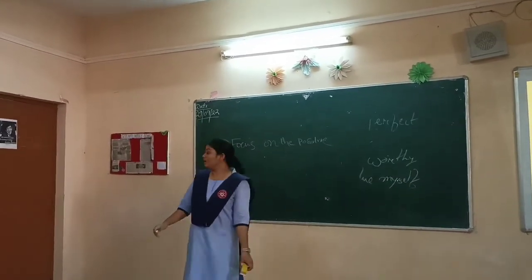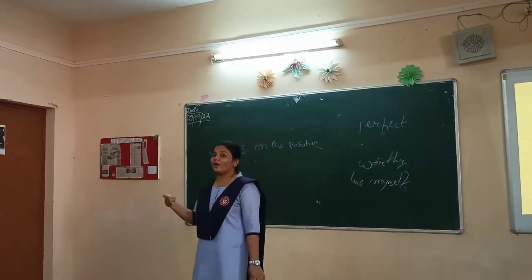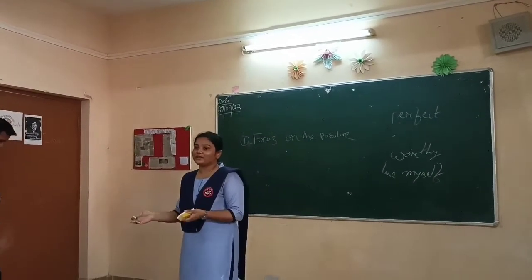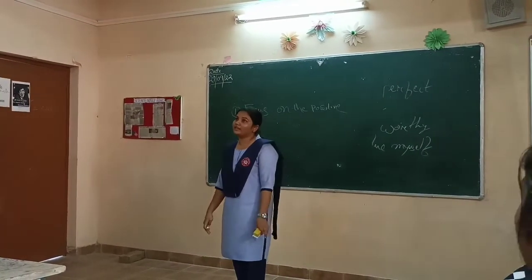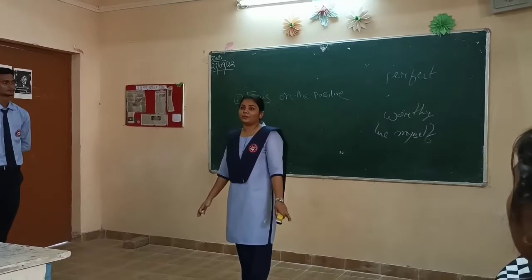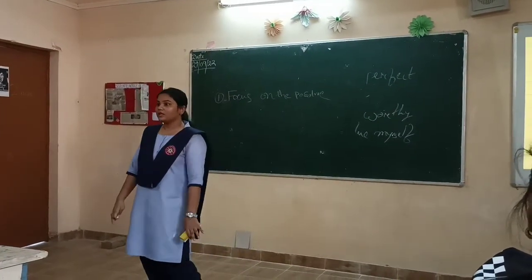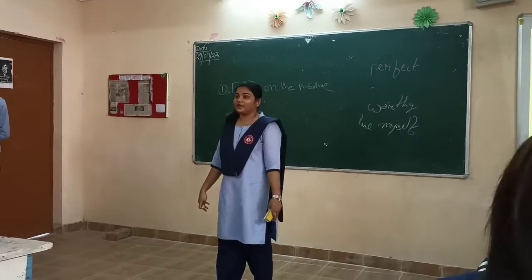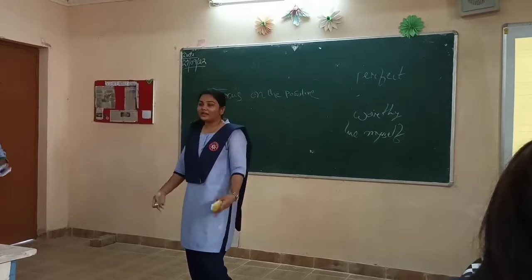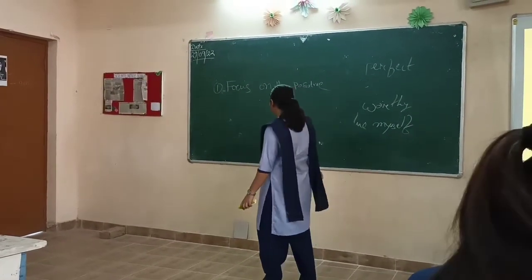Focus on the positive means try to recall your past memories which went well or worked well for you. We tend to think so much about how we look. We keep thinking negative about ourselves, like I don't look good, I look ugly, and all that stuff. So try to focus on the positive side.